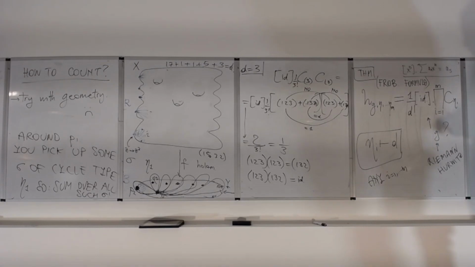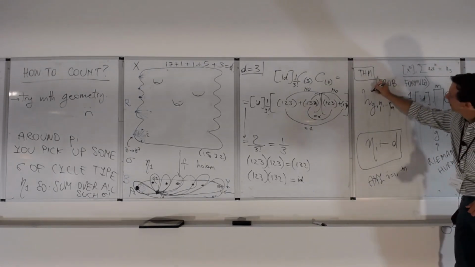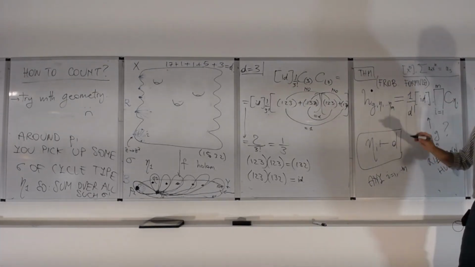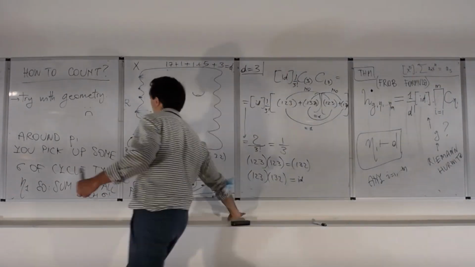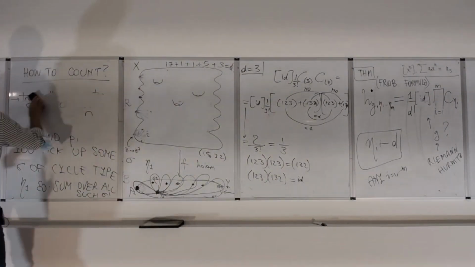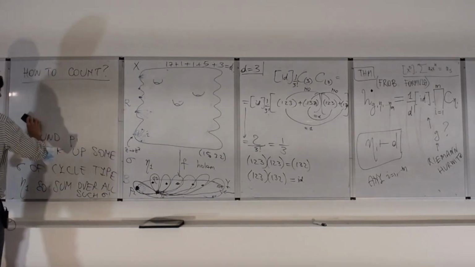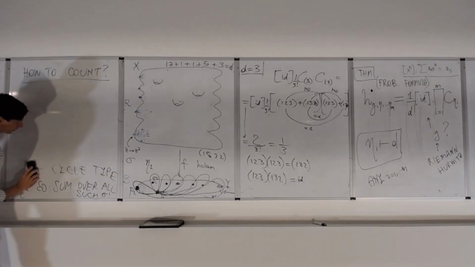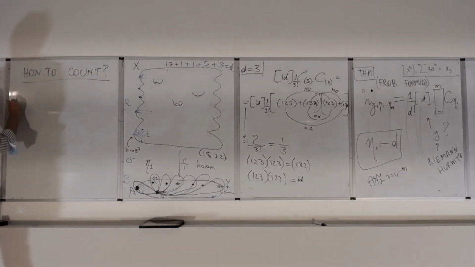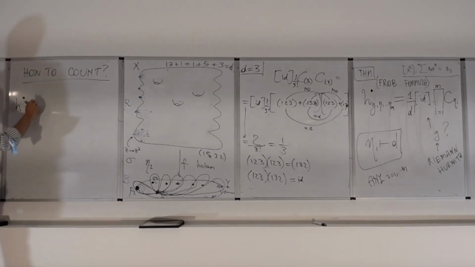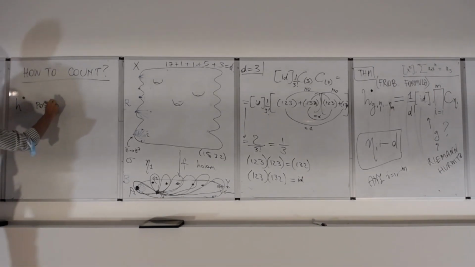These ones over here are the possibly disconnected Hurwitz numbers, and I indicate that with a bullet. Let me write it. These ones are possibly disconnected.